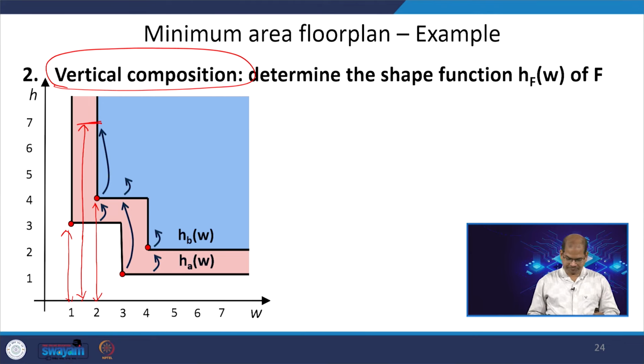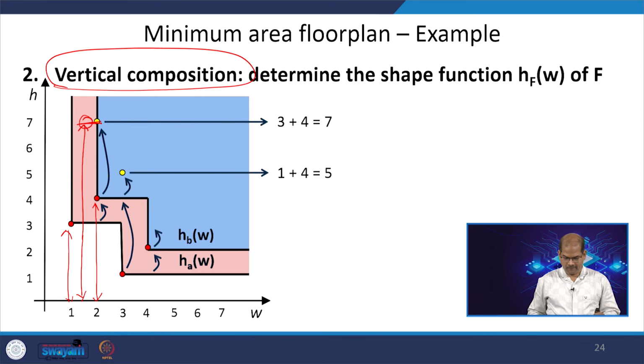This is one point of the shape function. Similarly, if I go for the other points, another possible floor plan is this: this height is 1 and the other height is 4, so it will be 1 plus 4, which is 5.